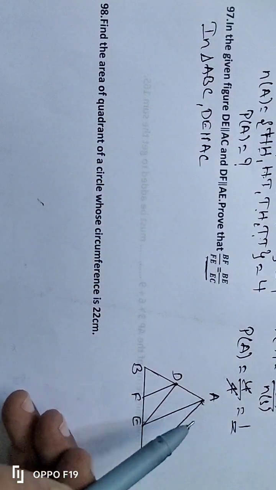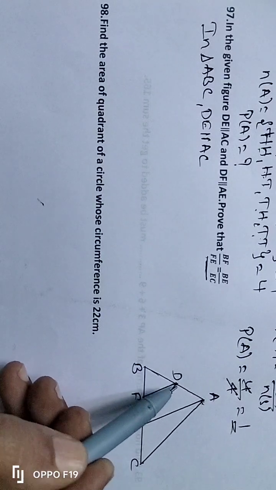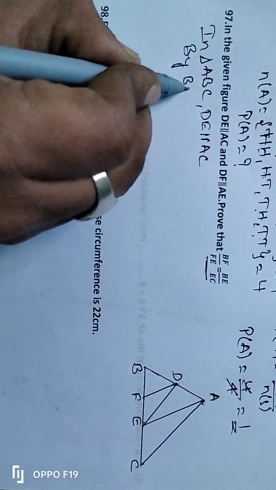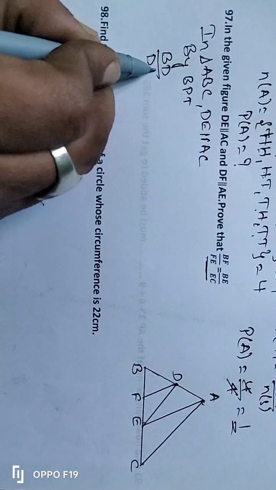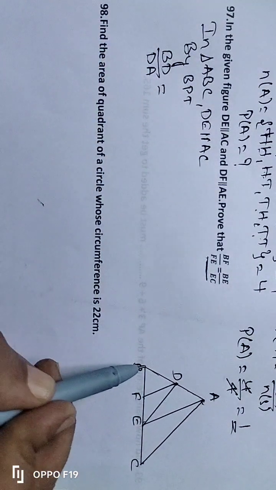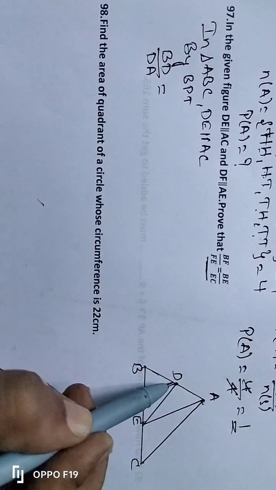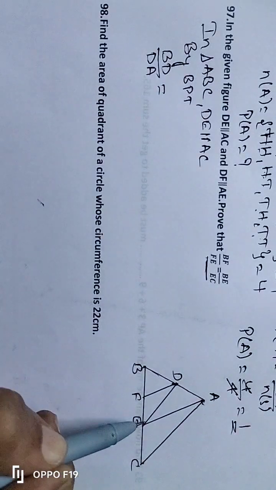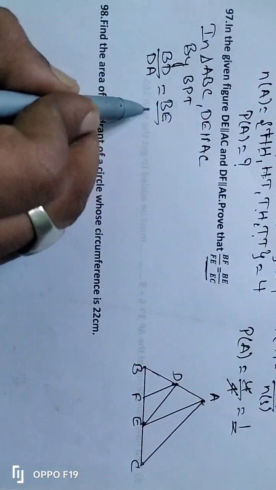By BPT, BD divided by DA is equal to BE divided by EC. You call this as 1.